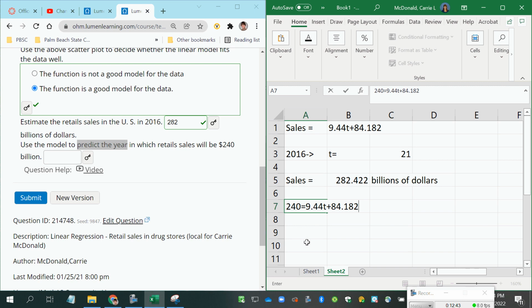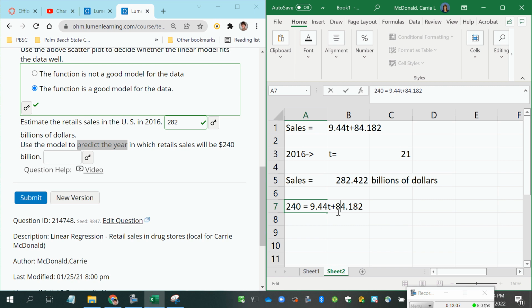Now, I'm going to use regular algebra. So you've done this before if you've ever taken an algebra class. Even a beginner algebra class, you probably learned how to solve for a variable or solve for an unknown using inverse operations. In other words, we're going to undo all the math that's happening here until t is all by itself. And as long as we do the same thing to both sides of the equal sign, it's all good.